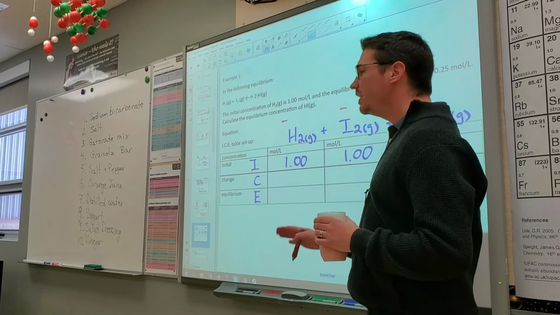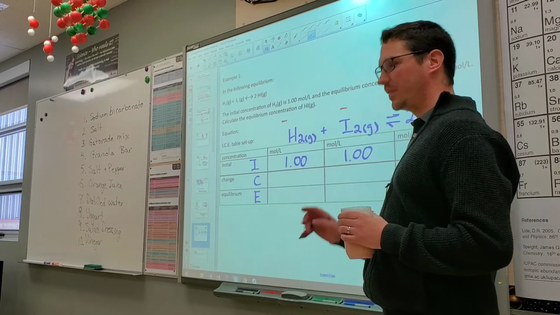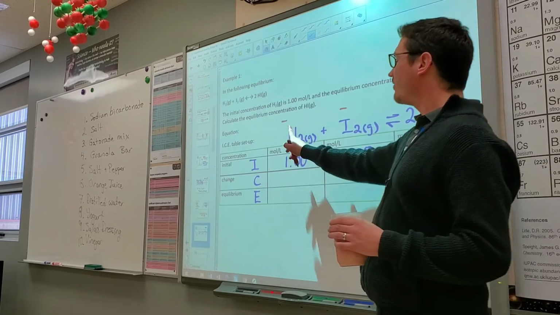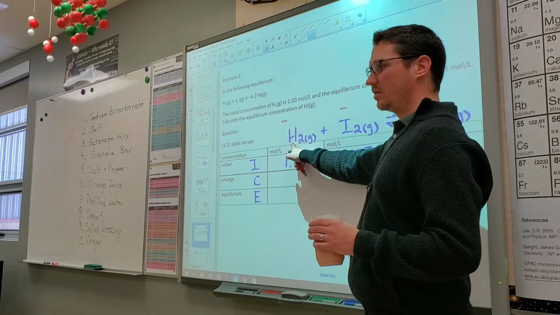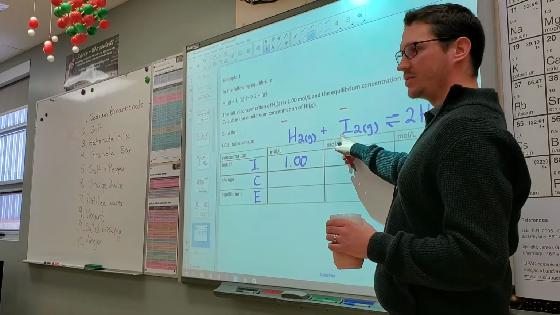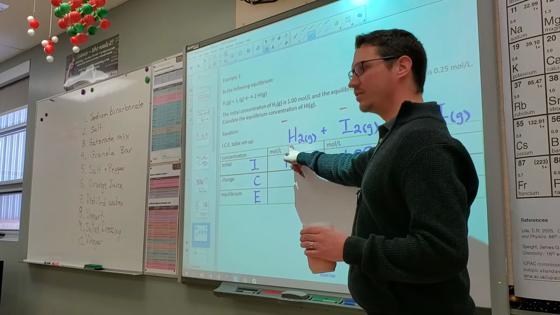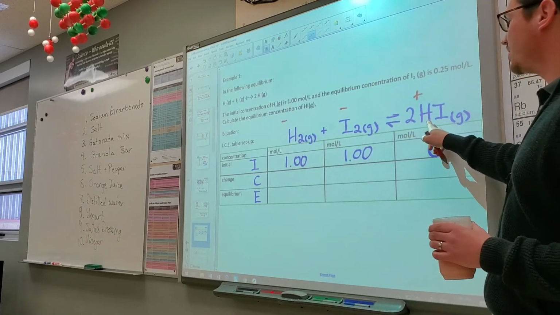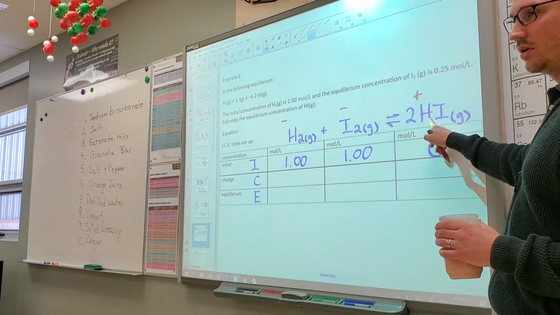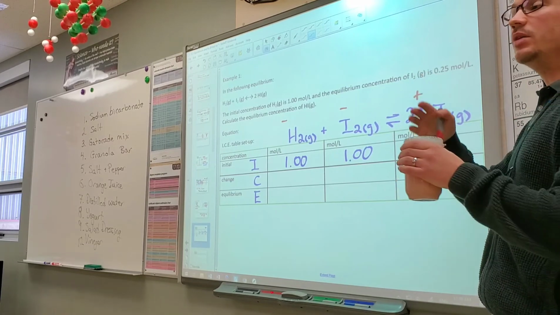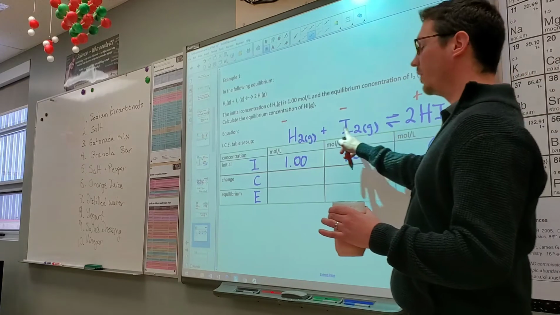Now this is a really big leap for some people. What I'm about to say is a really massive leap. For every 1 hydrogen, how many iodines react? 1. For every 1 hydrogen, how many HIs do we produce? 2. So the change is going to be proportional to the coefficients.